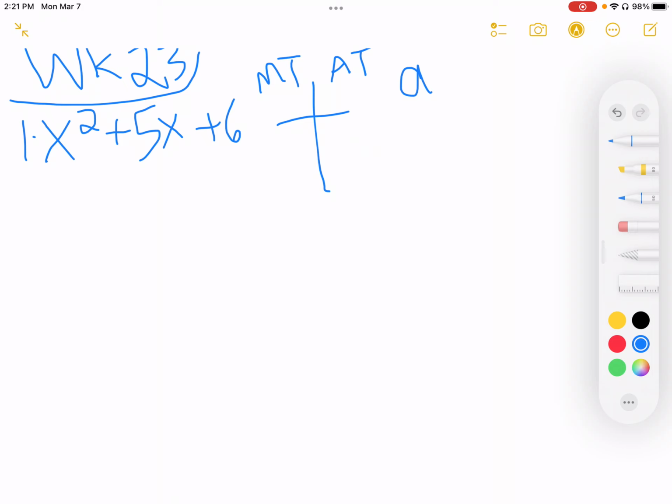So we had something like the form ax squared plus bx plus c, right? So a times c is our multiplies to column. So here we'd have 6. And then our adds to column is just whatever the b term is, so in this case, it's 5.